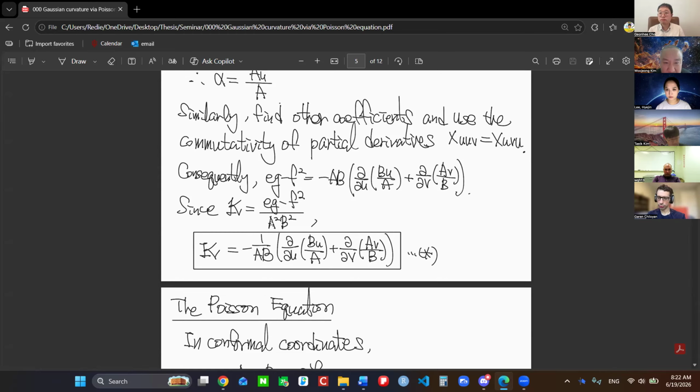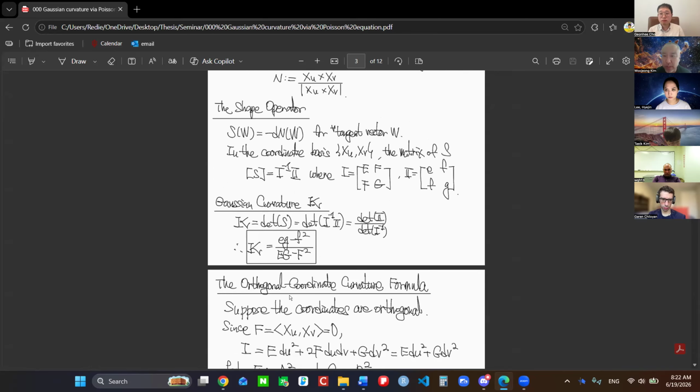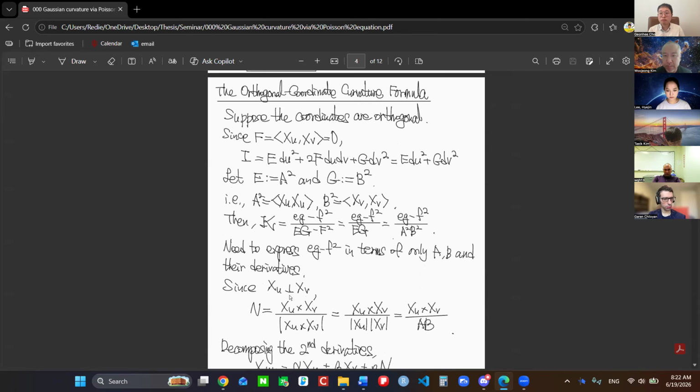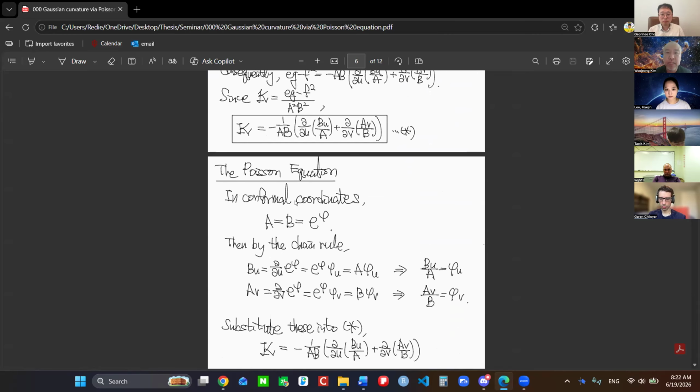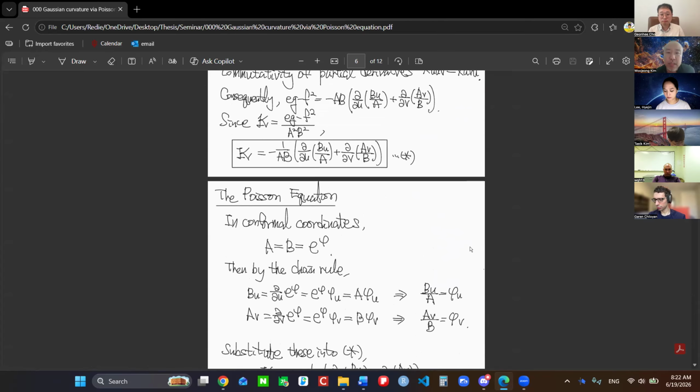K times A squared, B squared, and the denominator is going to be like this in negative AB, and we obtain this formula. So this formula is in the orthogonal coordinate system. So this star equation, we've got to remember this equation.